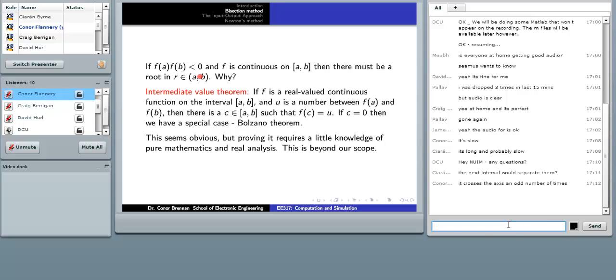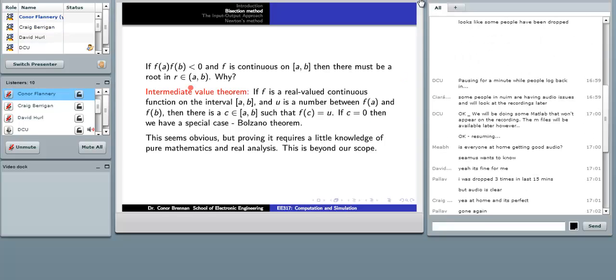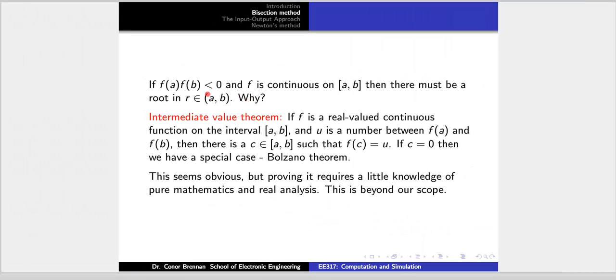One has to be negative, is it? No, well, if f of A, f of B is negative, it means that one has to be negative. So you're right in saying that. But Connor in NUIM has a good answer. Connor has noticed that if f of A, f of B is less than 0, it means that the function must cross the x-axis an odd number of times between A and B. It crosses an odd number of times.